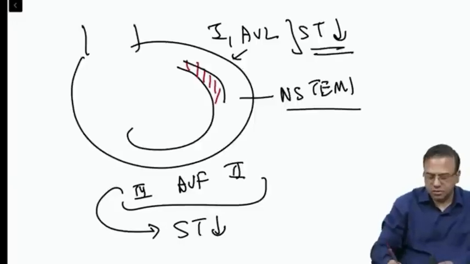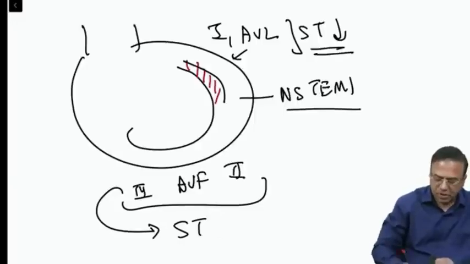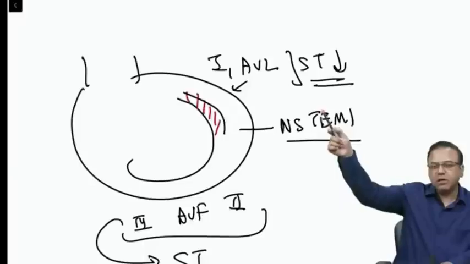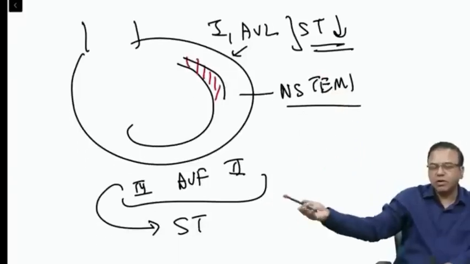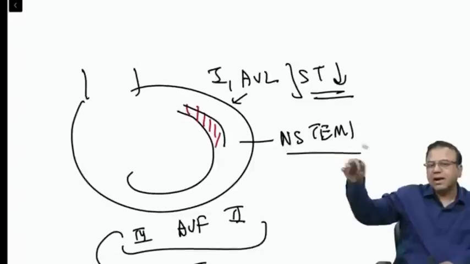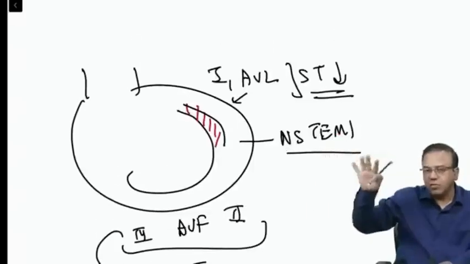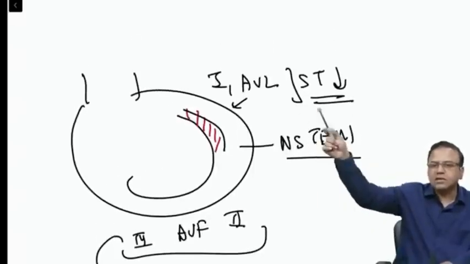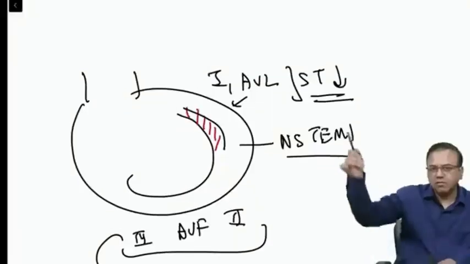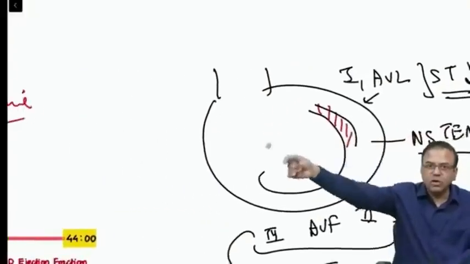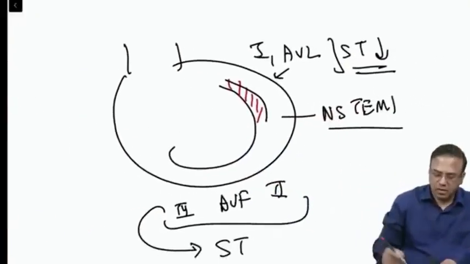I have seen some students say that a patient came with ST depression in lead 1 and AVL and leads 2, 3, AVF did not show any change at all, and they call it lateral wall ischemia. Such a thing is not possible because ST depression does not have localizing power. The wall in front of it may be damaged, or the opposite wall may be damaged; we can't say.